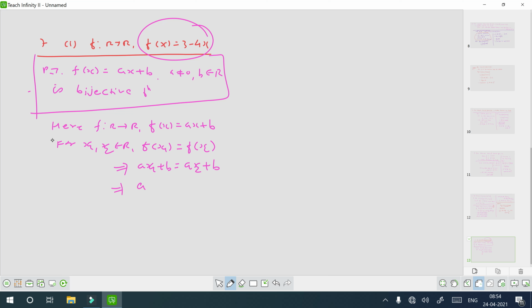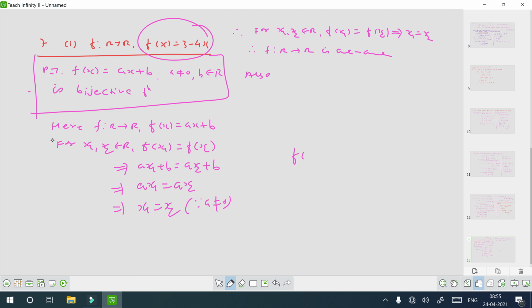Now b cancels, ax1 is equal to ax2. Now a is non-zero, so x1 is equal to x2. So what we have seen? And therefore, for x1, x2 belongs to R, f of x1 is equal to f of x2 implies x1 is equal to x2. And therefore, f from R to R is 1-1.